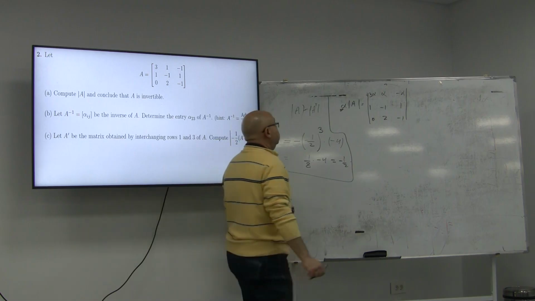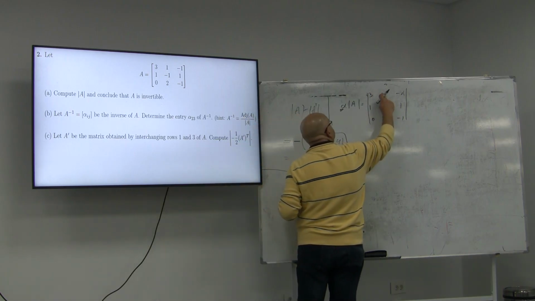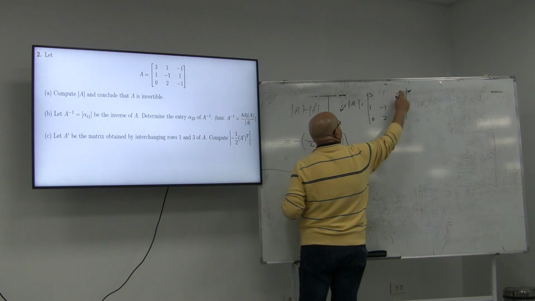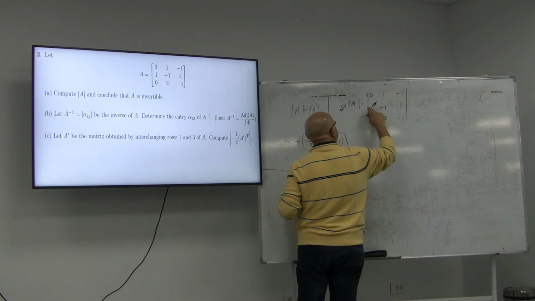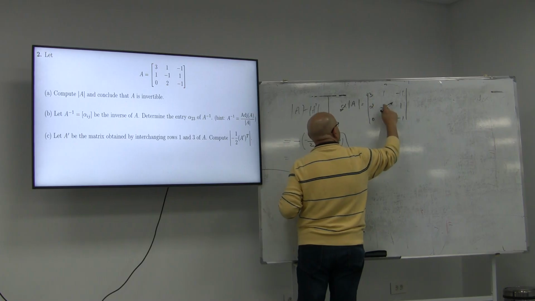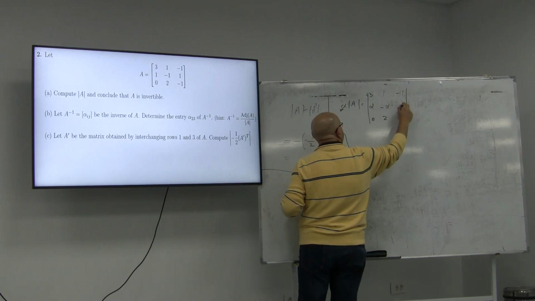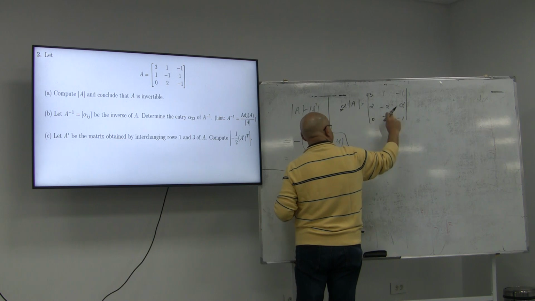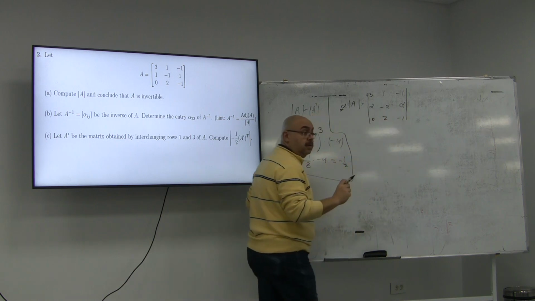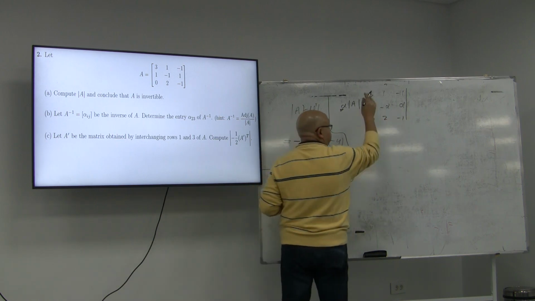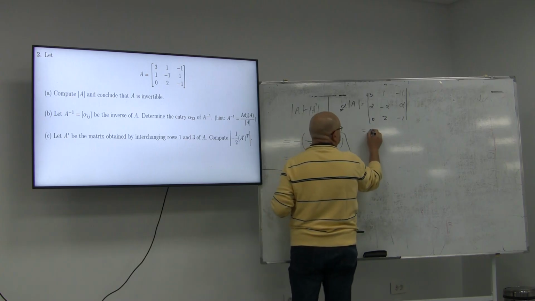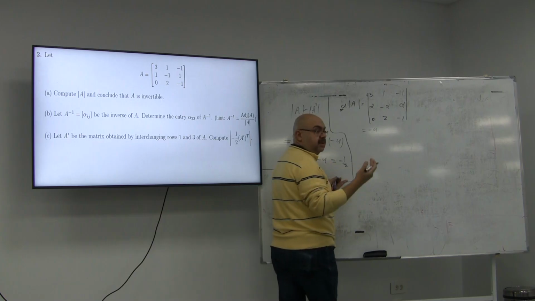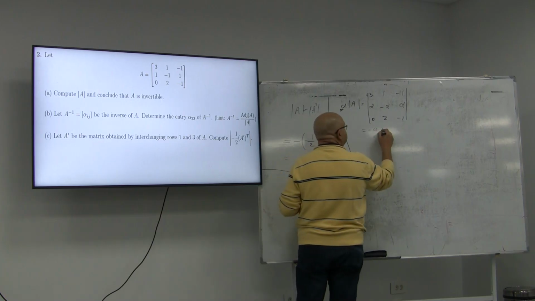Okay? I could have put the alpha in the first row, or in the second row, or in the third row. In all three possible cases, the value will equal negative 4, which is the determinant value of A, times alpha.